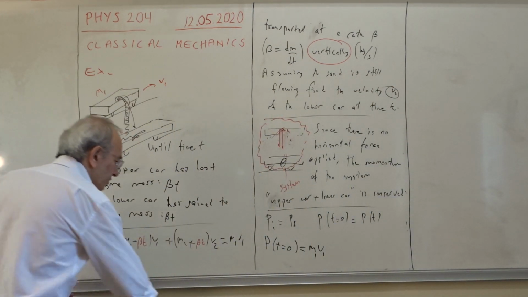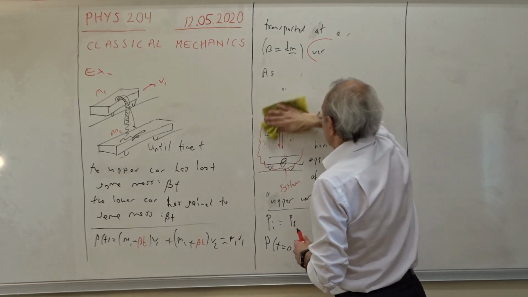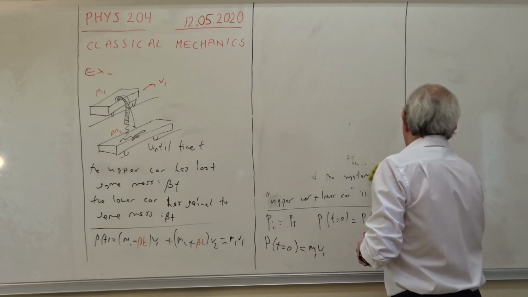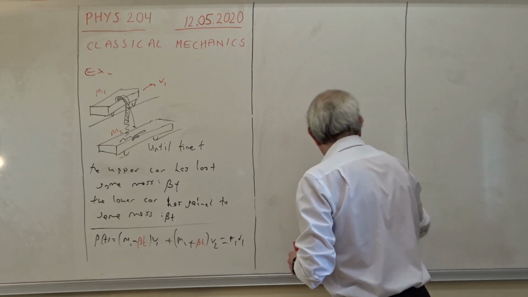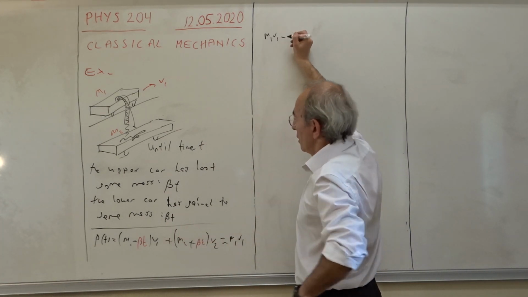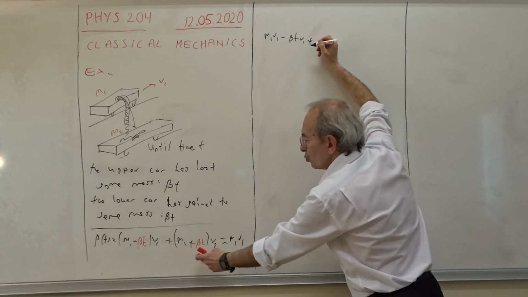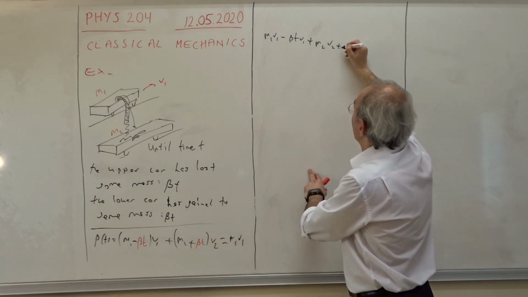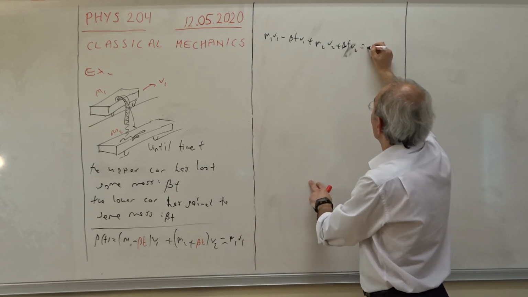So let's open the parentheses: m1 v1 minus beta t v1 plus m2 v2 plus beta t v2 equals m1 v1.